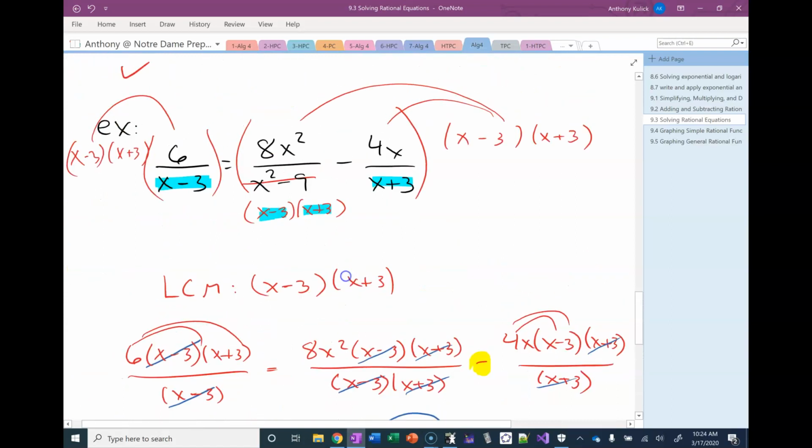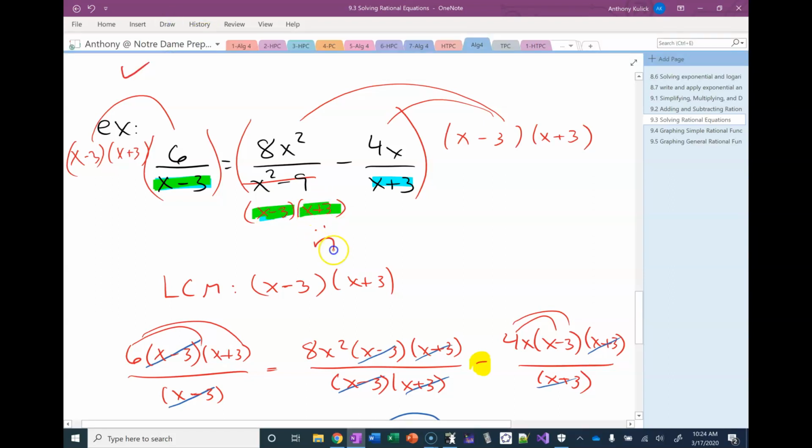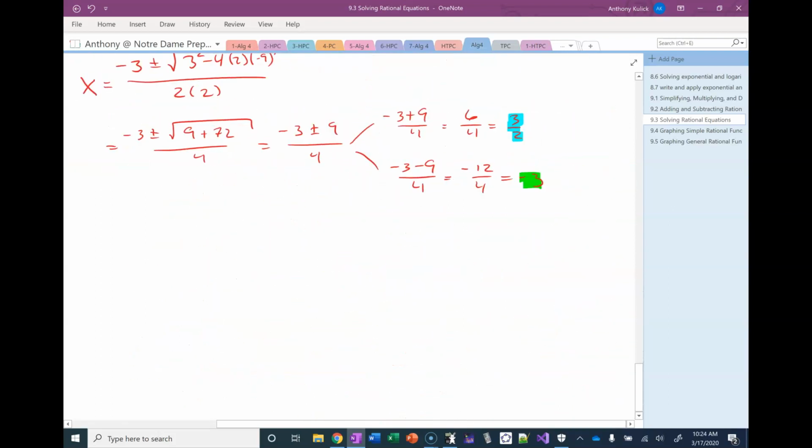If I plug that in, negative 3 minus 3 isn't 0, but negative 3 plus 3 gives me 0. So as soon as I see that happen at least one time, I stop, I cross that one out because that is an extraneous solution, and we need to make sure we discard that.